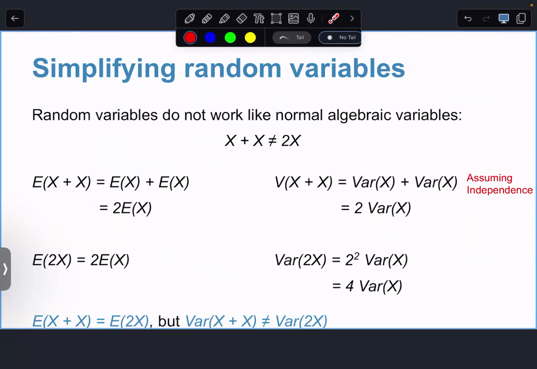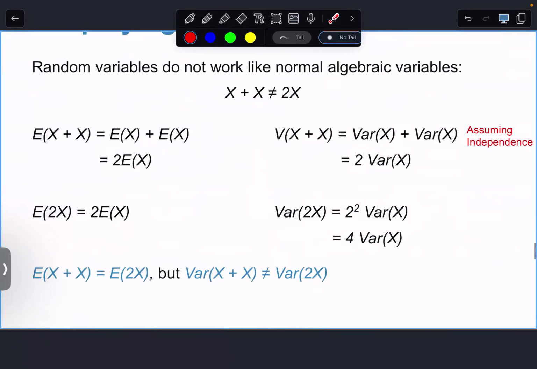Just some notes to touch on. We already saw that random variables do not work like normal algebraic variables. Okay, so they behave a little bit differently. So X plus X is not the same thing as 2 times X. Okay, we do have a special case. So the expectation does behave the same way, but don't let that fool you.